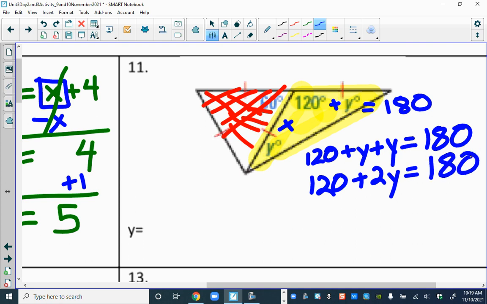So you two were both right, and then you were right as well by subtracting 180 minus 120. We have to do that too. So that's a good step. So I like the thinking, everybody. I really like what I'm hearing.